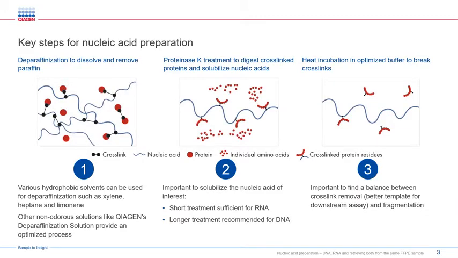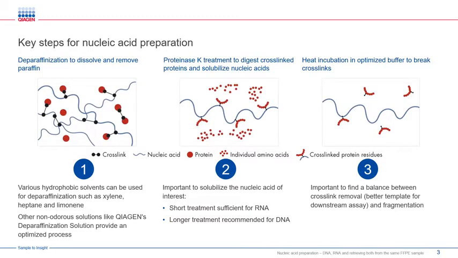The experience is that DNA requires a much longer proteinase K treatment than RNA. A possible explanation for that is the tight association of DNA with histones. So there is probably a lot more cross-linked protein than in case of RNA.